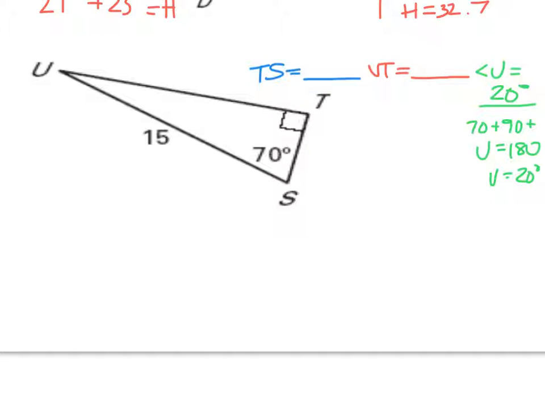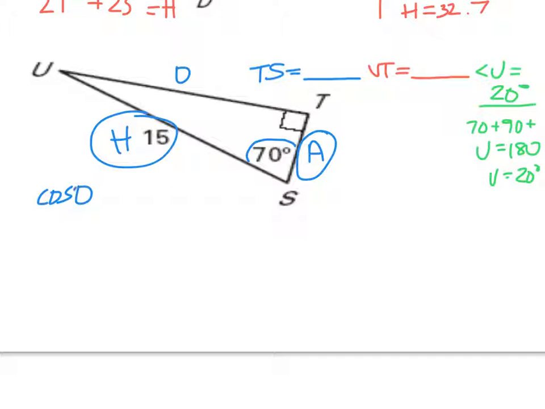Alright, once again, I'm going to do trig with everything. So first thing when we're doing trig is label your H-O-A. I'm starting with TS, so I'm going to do A, and I have a number at H, so A and H is going to be cosine. Cosine theta equals A over H. So cosine of 70 degrees equals A is what I don't know, over H is 15.